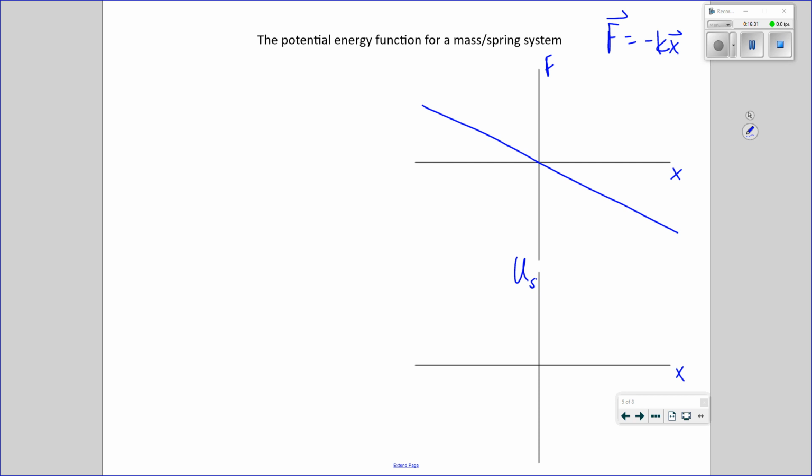We can say that the work done by that spring is negative delta U. Or we can say that there's a little bit of work done that accomplishes a little bit of change of potential energy. That's this, and in this case it's going to be our spring force.